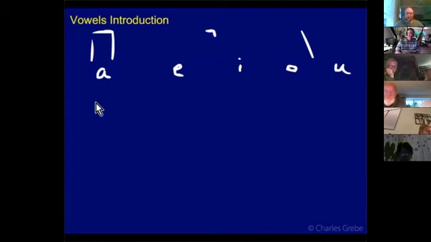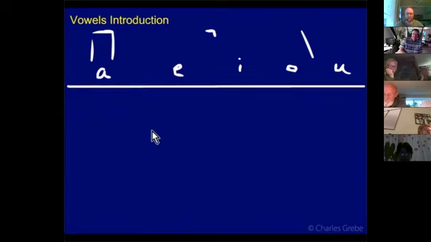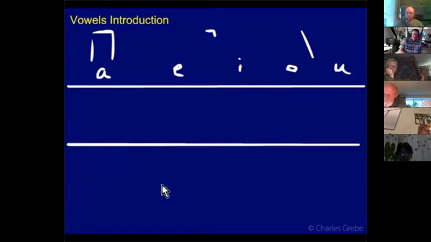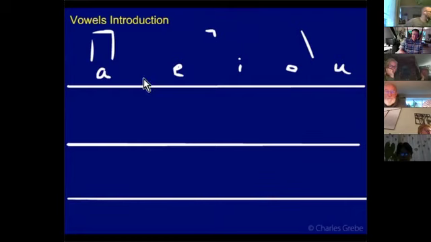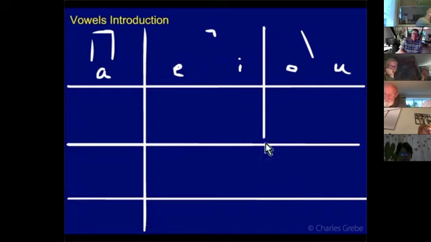Now let's draw some lines here. Let's draw another one here and here. What I'm drawing here is a chart. This is a chart that I got from my first Hebrew teacher. He got it from his teacher.